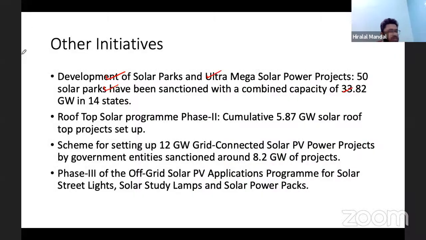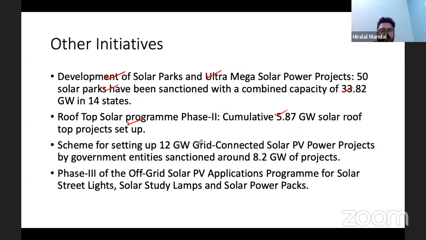Okay, so one program is the development of solar parks and ultra mega solar power projects. There is also promotion of the rooftop solar program, and phase 2 has already started. Under this one, 5.87 gigawatt of solar rooftop projects have already been installed.